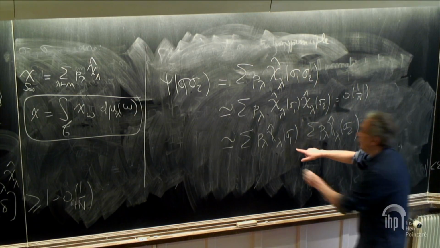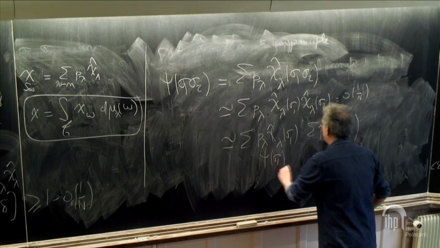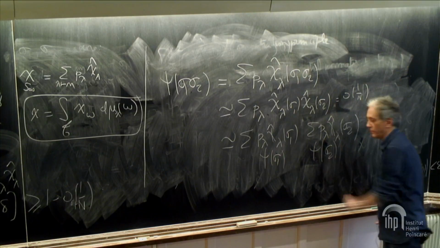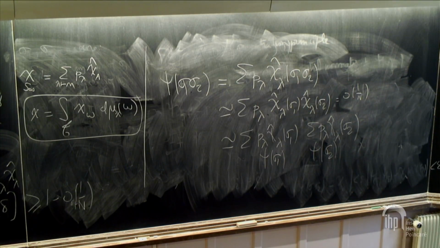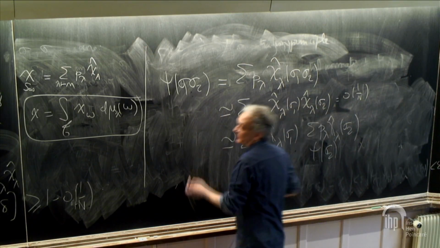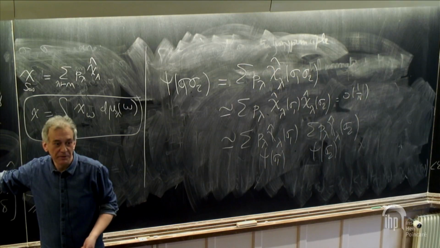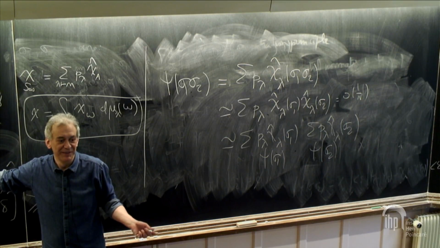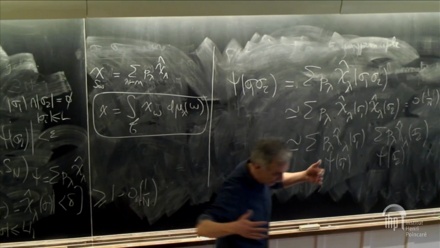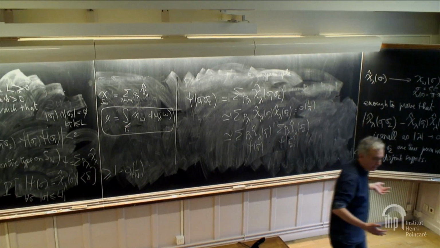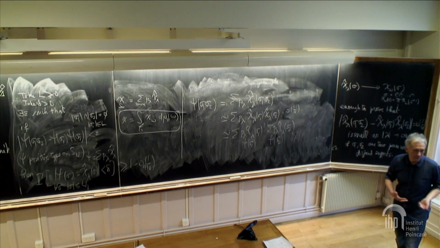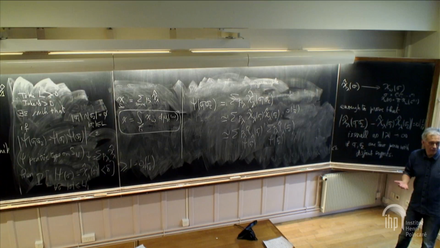This is psi of sigma 1, psi of sigma 2. I'm saying this is true, but it's my hypothesis, which is here. I have to make this hypothesis that psi factorizes. If psi factorizes, this imposes all these random variables to be concentrated.